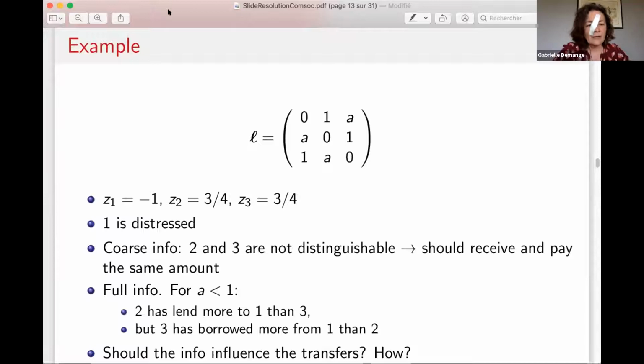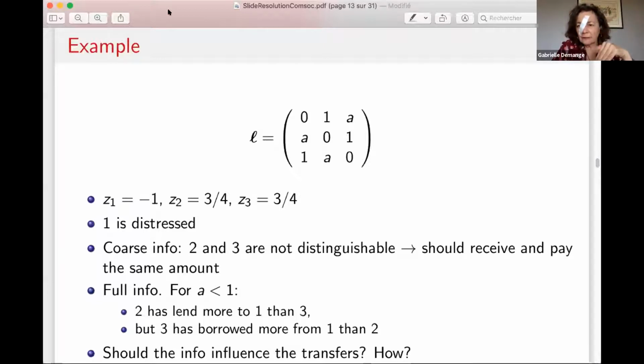Just to understand the difference between coarse and full information: under coarse information, the regulator cannot distinguish between firm 2 and firm 3 because they have the same net external values, the same total liability and the same total claim. So they should receive the same amount.